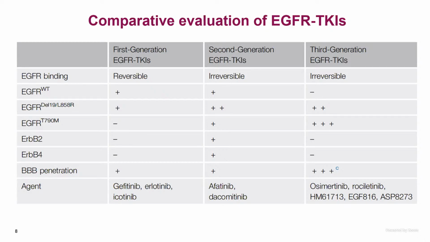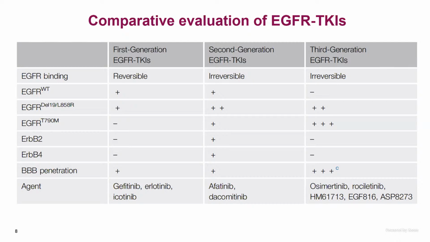Then it has high potency against del19 and L858R, which are the most common mutations in EGFR, constituting almost 85 to 90%. Then also highly potent against T790M, which is the most common way of acquiring resistance to the first and second generation TKIs. And apart from that, blood-brain penetration has been almost 5 to 10 times higher.